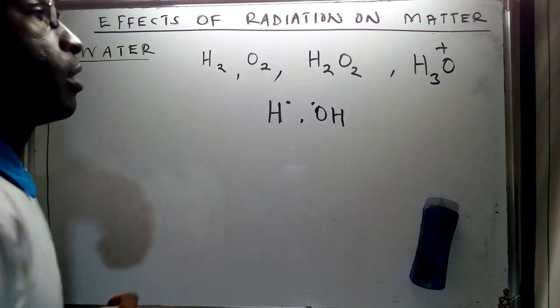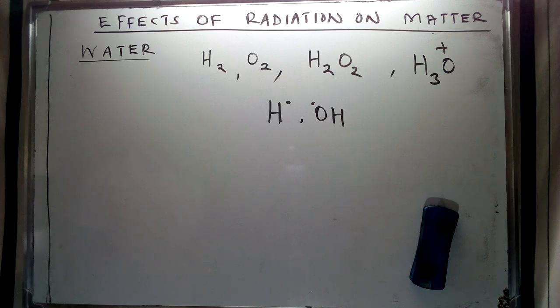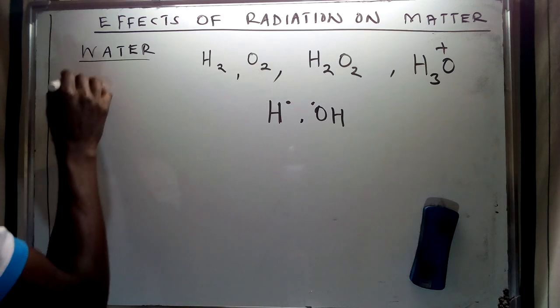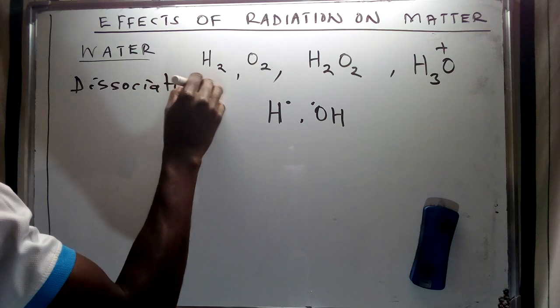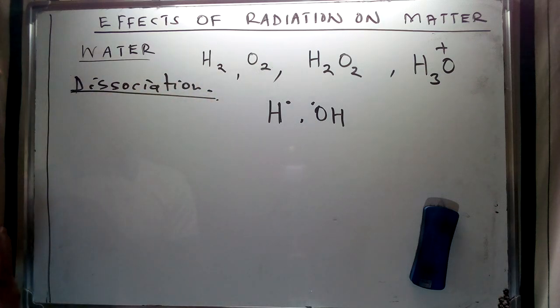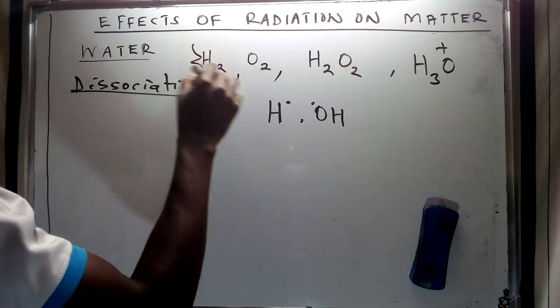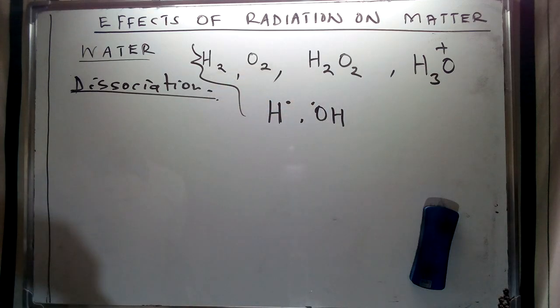So I'm going to give a schematic illustration of the effect of radiation on water. As I said, this is going to lead to the dissociation of the water molecule, resulting in the formation of these various products that I've listed on the right part of my board.